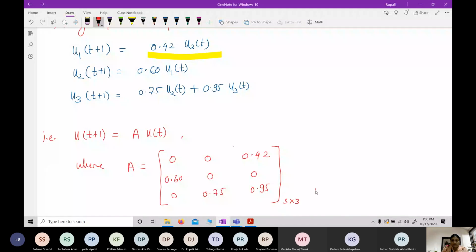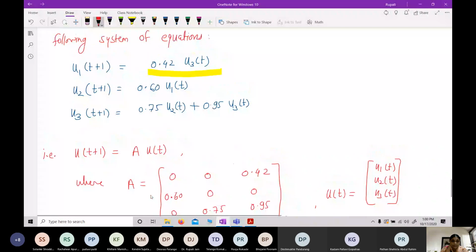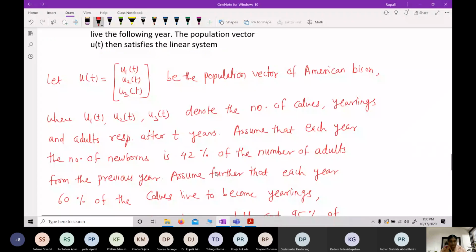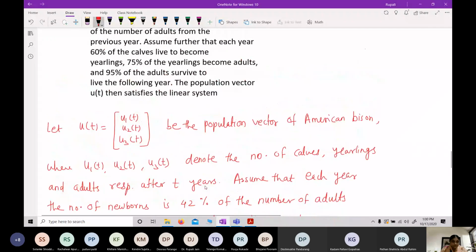And what is u_t? u_t is my u1t, u2t, u3t. Is that okay? So do you understand this problem? Yes, ma'am. I want to delete.